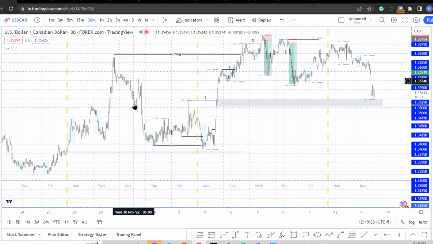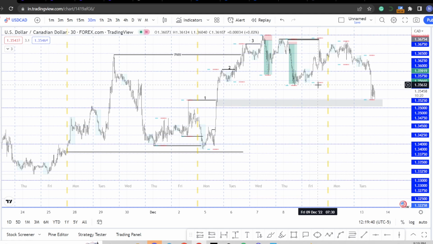Here I anticipated that it was going to be filled this week, but it reversed and went in the opposite direction, took out this high. Then now it is moving towards that direction again, and all that for what? Just to trap traders. And if you don't have a bias, you don't have a plan, you are going to be trapped in all this particular scenario.